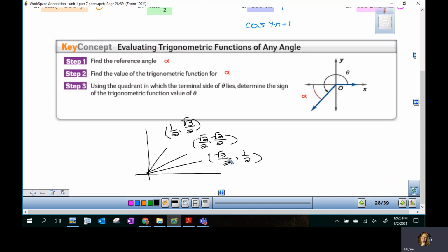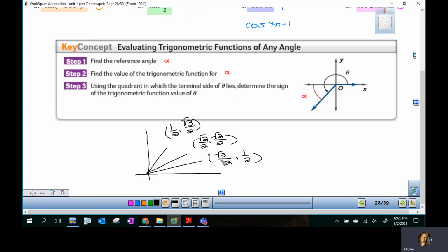Just know those three are going to help you find angles all the way around because we're going to use reference angles. It also helps to have the tangent memorized for these so that you don't have to actually do sine divided by cosine or y divided by x.